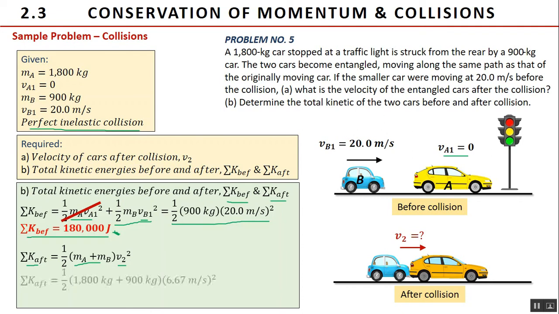Substituting the values, the total kinetic energy is 60,060 joules. As expected, our answer is less than the kinetic energy before collision. Almost 120,000 joules of the kinetic energy has been converted into heat, sound, and deformation of the cars due to impact.